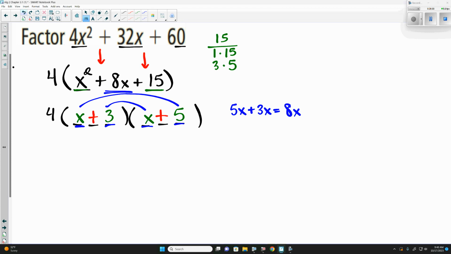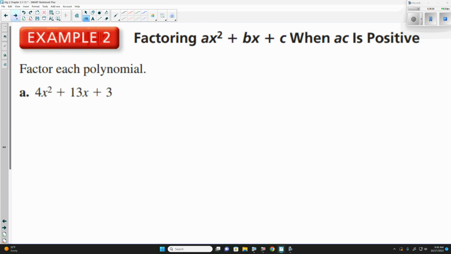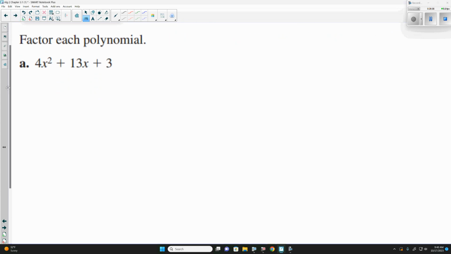It's the only downside to factoring is that it does take a little bit, but once you get in the hang of it and start seeing how the factors work together, you'll be able to piece them together a little bit quicker, a little bit easier. Does that make sense? And for factoring, I would highly encourage using a pencil because there is going to be some changing the numbers here and there.